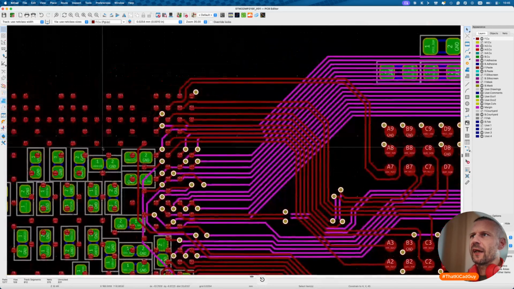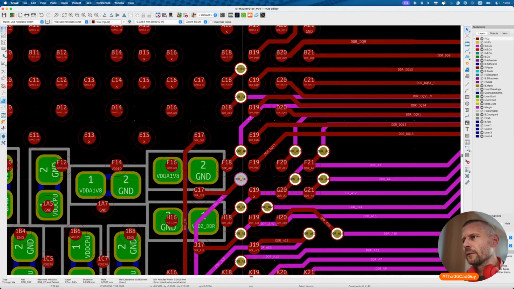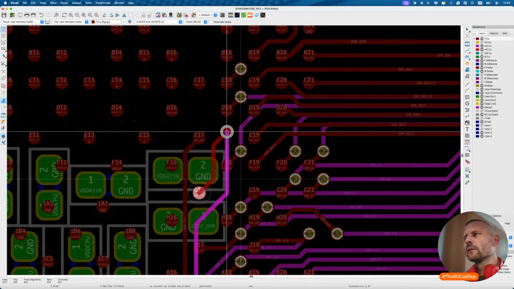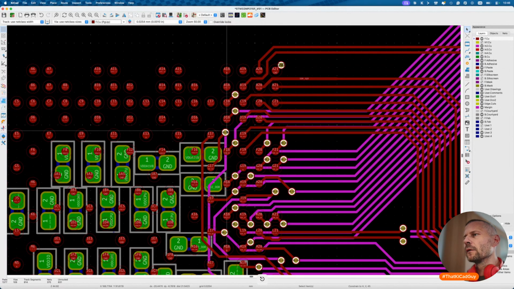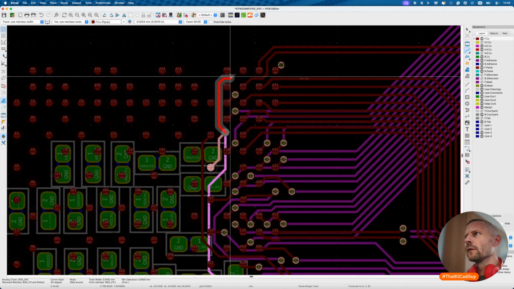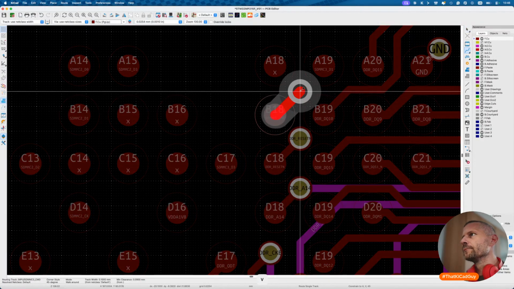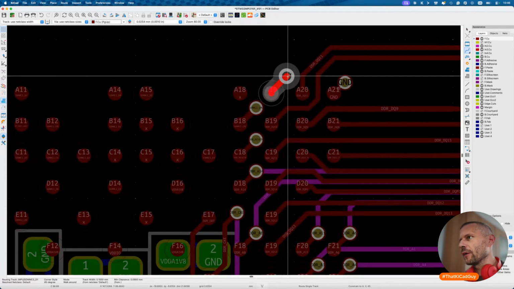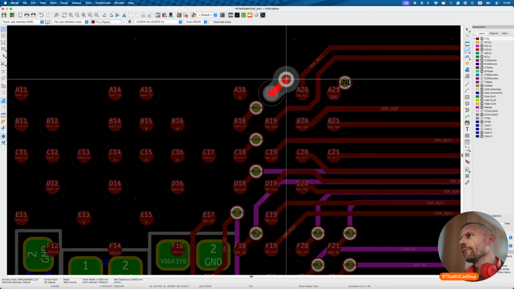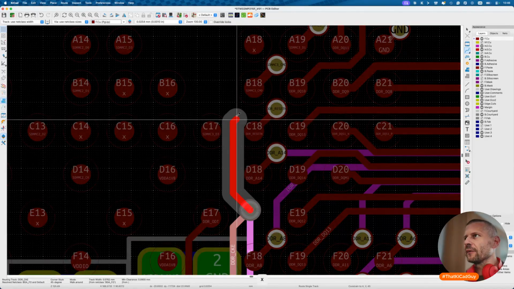So it means that I can make this. Yeah, this is why I was talking about the fanning out of all the resting signals, because it can easily affect routing of other signals.